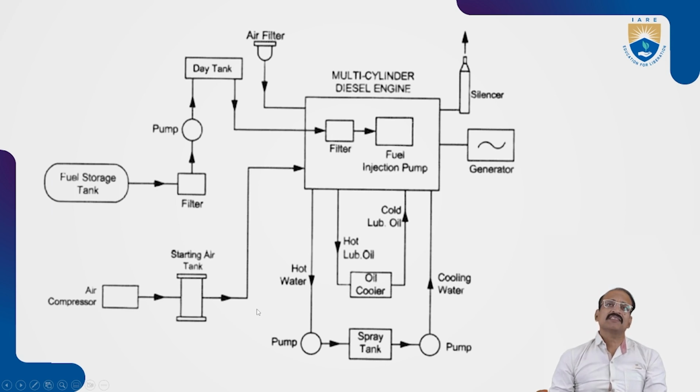In this process air is needed, so we supply compressed air, which goes through the starting air tank and is then sent to the multi-cylinder diesel engine, and there is also an air filter.